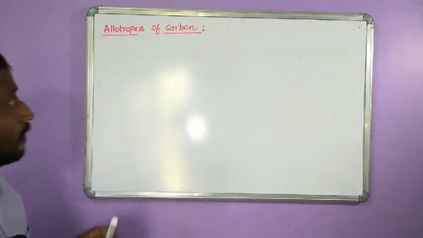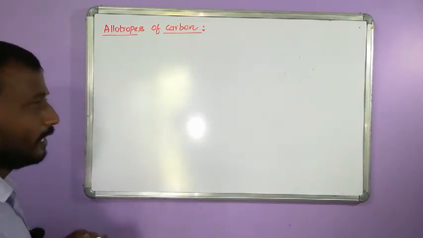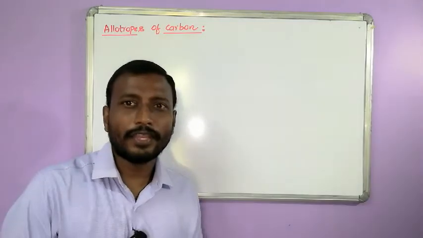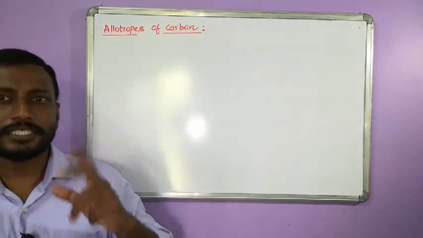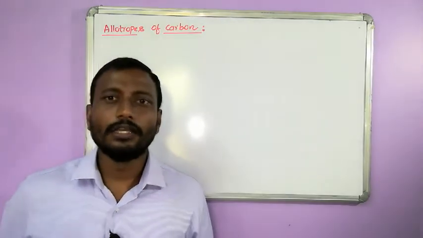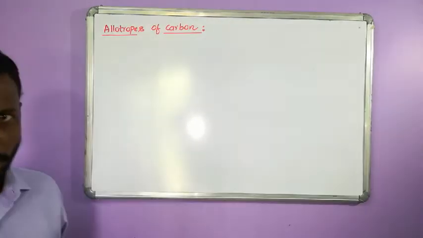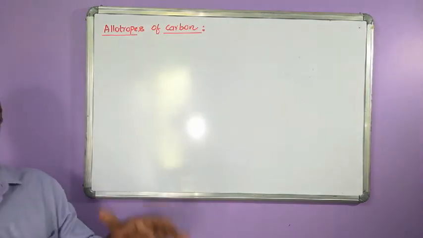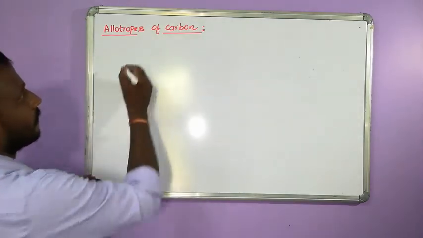So allotropes of carbon, the different physical forms of an element with different physical properties are called allotropes, and the tendency is known as allotropy.